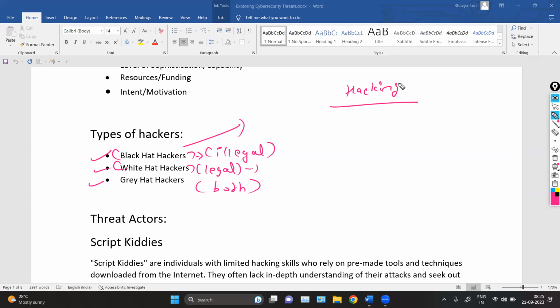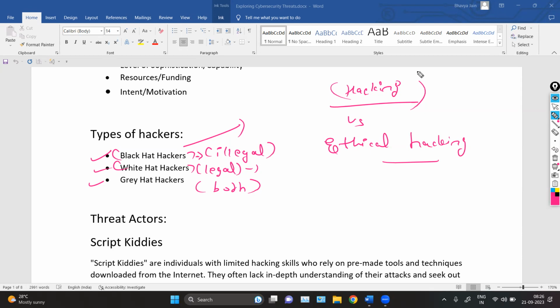Hacking versus ethical hacking, right? We have two types: hacking and ethical hacking. Hacking is gaining access inside any system in an unauthorized way. In simple terms, you are hacking without permission, without any consent, by breaking the rules or not following the permissions.